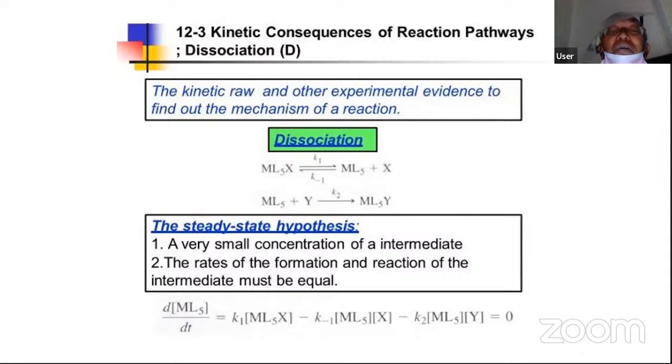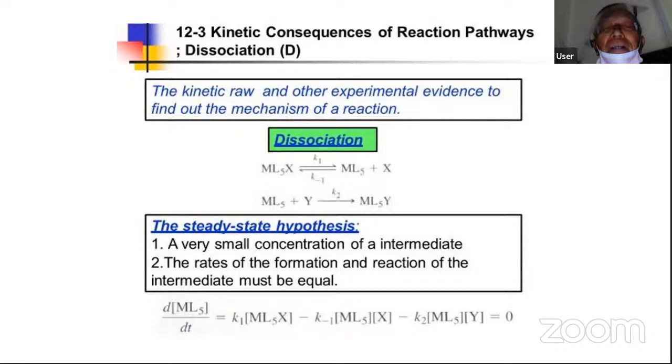You can know the concentration of your reactant. You can know the concentration of your products, but it's not easy to know the concentration of your intermediate because it keeps changing. So somehow you have to approximate.